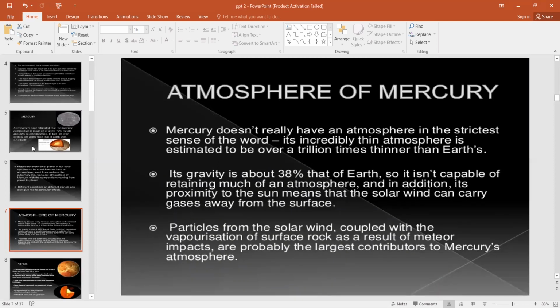In addition, its proximity to the Sun means that the solar wind can carry gases away from the surface of Mercury. Particles from solar wind, coupled with the vaporization of surface rock as a result of meteor impacts, are probably the largest contributors to Mercury's atmosphere.